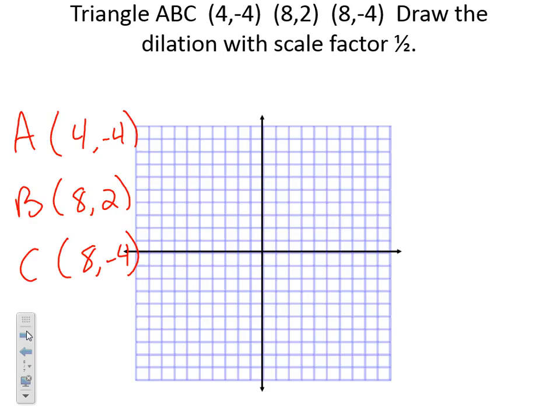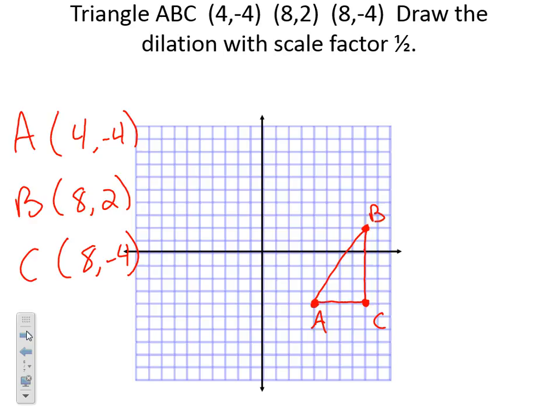So we'll put these on here. 1, 2, 3, 4. 1, 2, 3, 4. Here's A. B is 8, 2. And C is 8, negative 4. Now this triangle, it says, is having a dilation of 1/2.